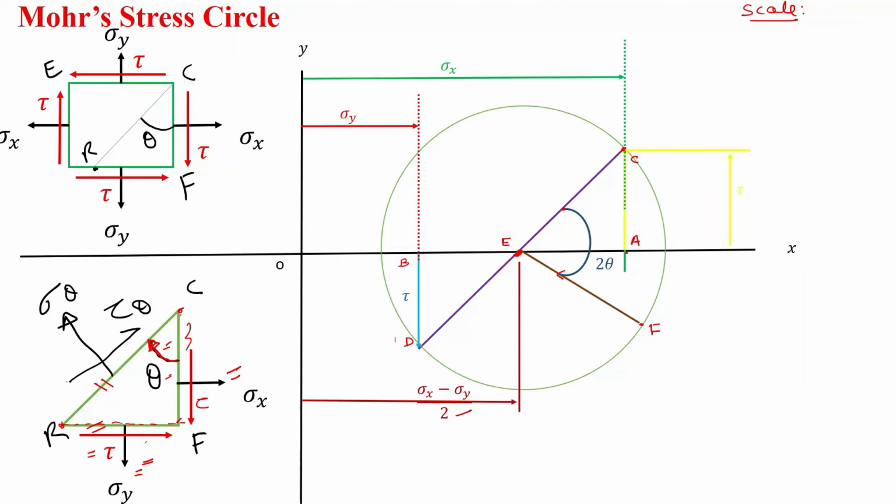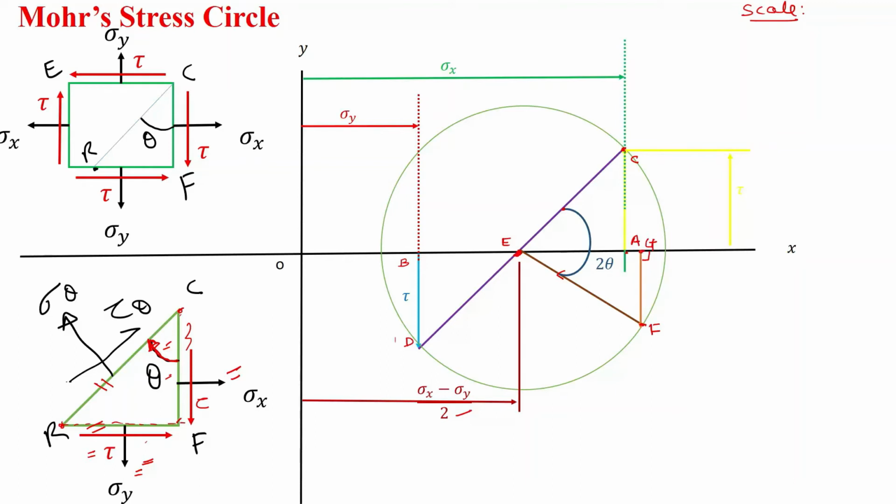So now we want to find out the direct stress on EF plane and shear stress on this plane. To find out the direct stress, we draw the perpendicular from F point on x-axis. We draw this FG perpendicular on x-axis.